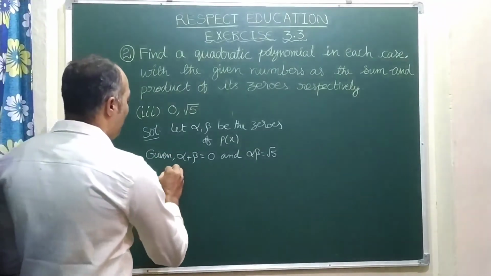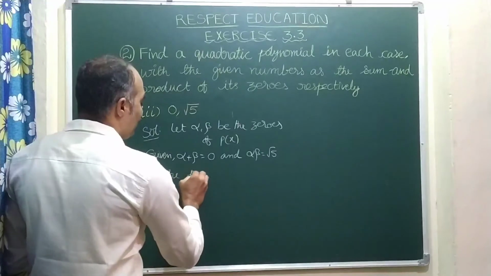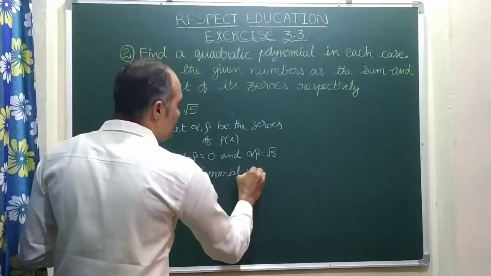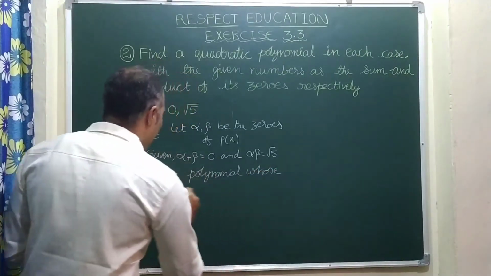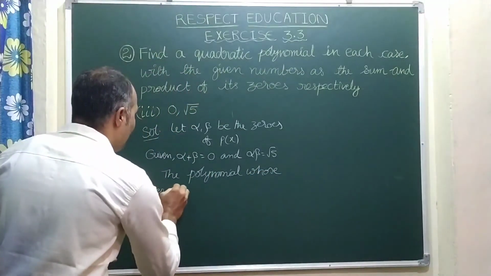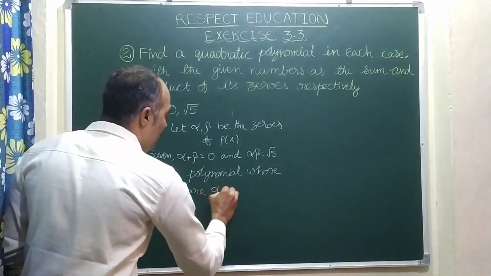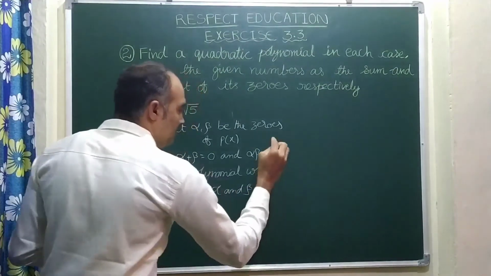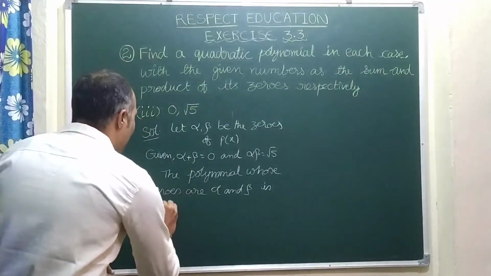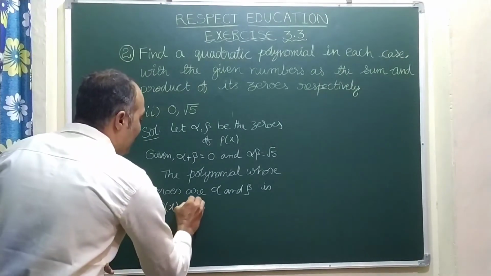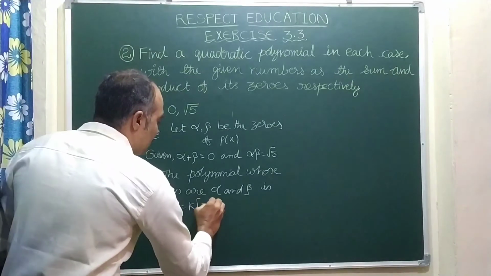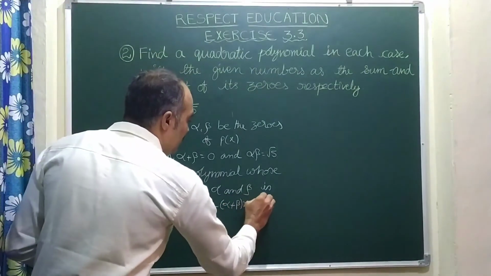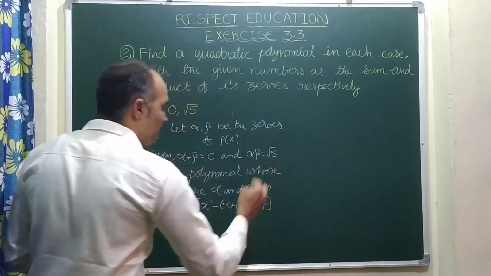Now the polynomial whose zeros are alpha and beta is, the polynomial is p of x is equal to k times x square minus alpha plus beta times x plus alpha beta.